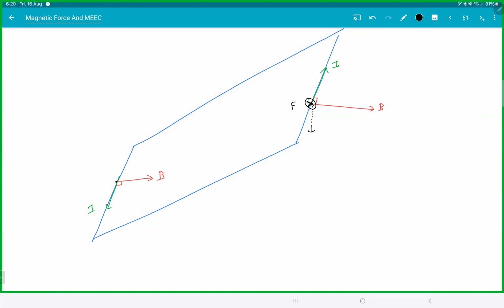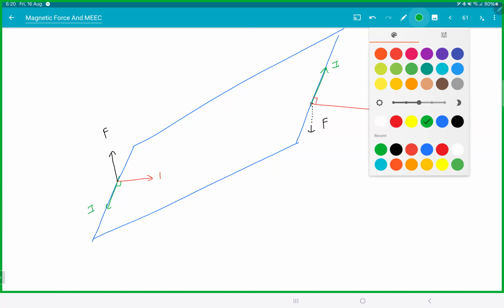Here it is upward, there it is downward. It is not downward, it is into the plane. It should be vertically downwards, no? Even at that point. Okay, you understood now. I won't say into the plane. They're downward, upward. Yes, sir. Very good. These directions are clear, everyone.